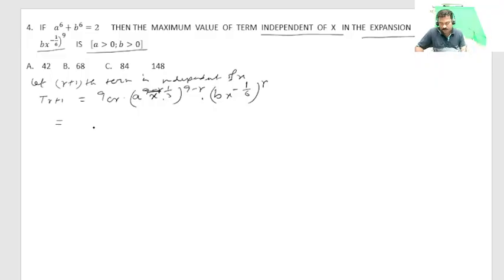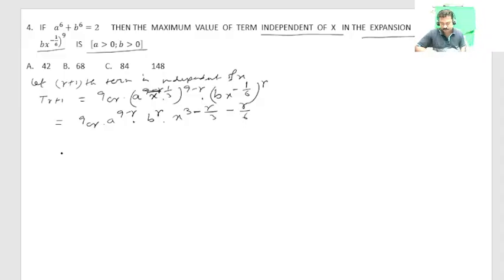Okay, so 9Cr a to the power 9 minus r into b to the power r. Here x to the power, if we multiply x to the power 1/3 with this, that is x to the power (9 minus r) by 3. Here also that is minus 1 by 6, that is minus r by 6 here.